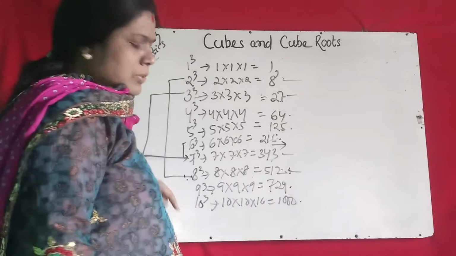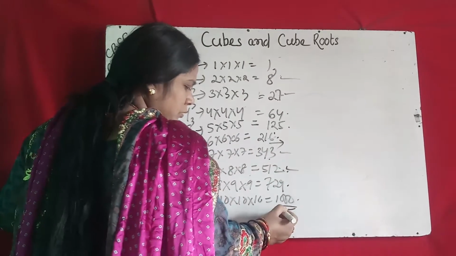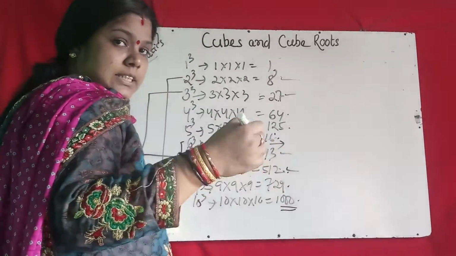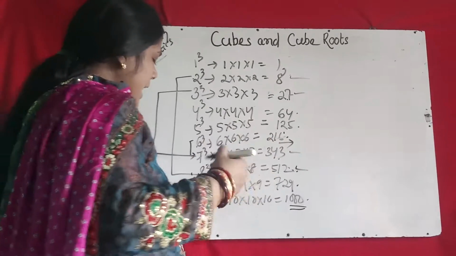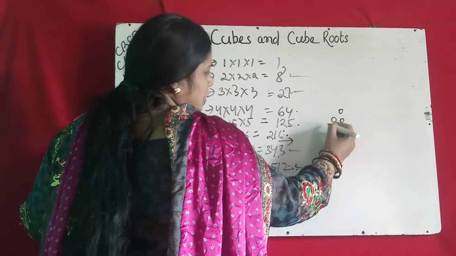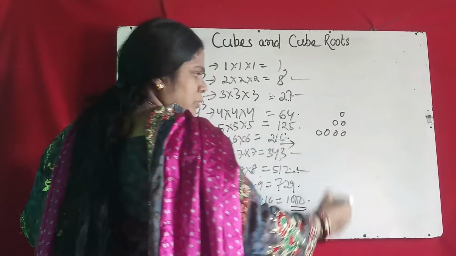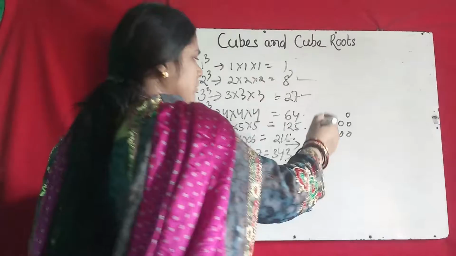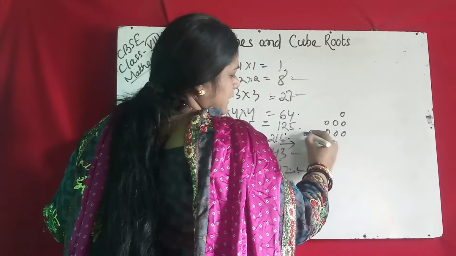For cubes, zeros come in multiples of 3: 3, 6, 9 zeros. In square numbers it is different: 1 zero, 2 zeros, 4 zeros. For cube numbers it is 1 zero, 3 zeros, then 6 zeros.